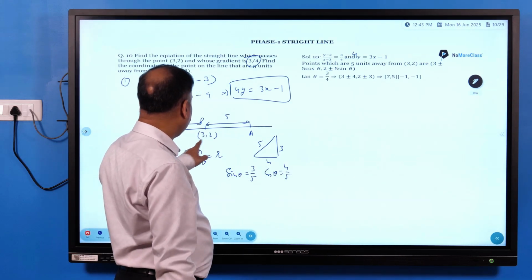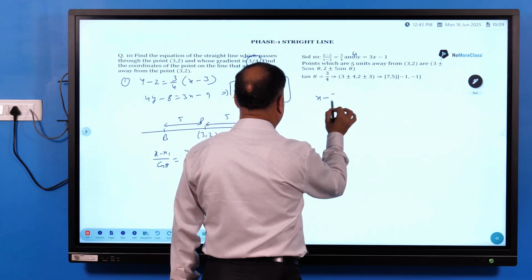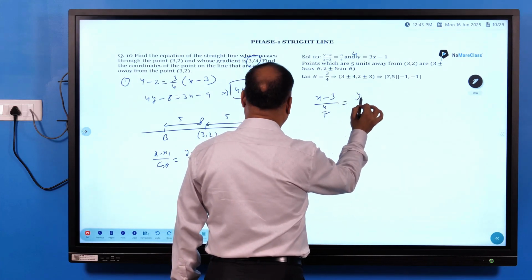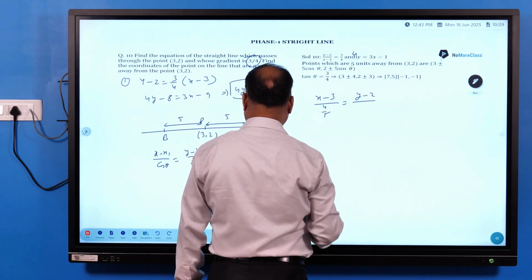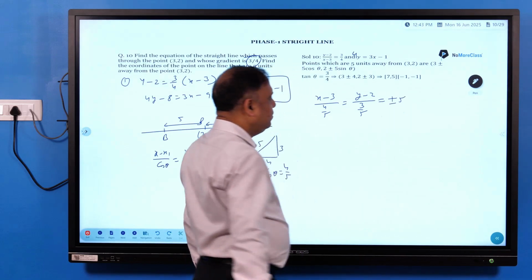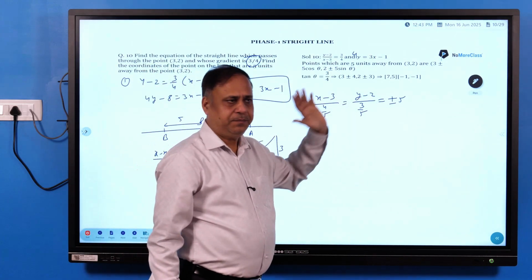And this point is (3, 2). So the equation I can write: x minus x1, 3, upon cos theta, 4 upon 5, is equal to y minus y1, y1 is 2, upon sin theta, 3 upon 5, is equal to plus minus 5. This 5 will go to the top and we will divide here.